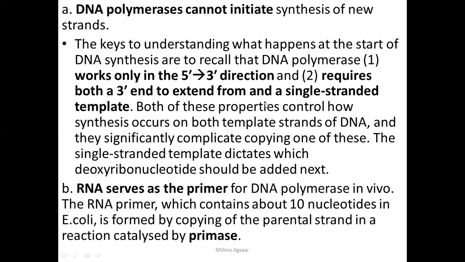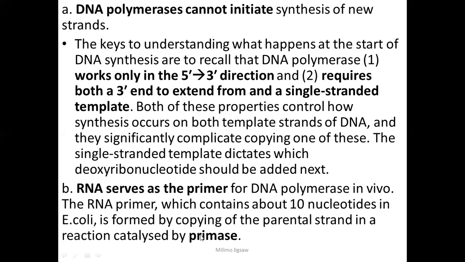So no wonder the double-stranded DNA molecule has to be split so that each of those DNA strands is used as a template. I've already mentioned that the primer is an RNA primer, so RNA will serve as a primer. The synthesis of the primer is carried out by an enzyme called primase.